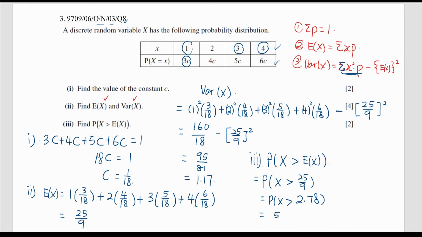We know c is 1/18, so we sum up the probabilities 5/18 and 6/18, and that will be the answer for this part 3, 11/18. All right, that's all for this part 3.